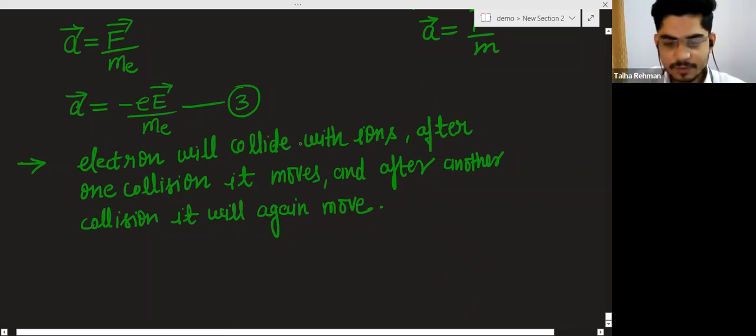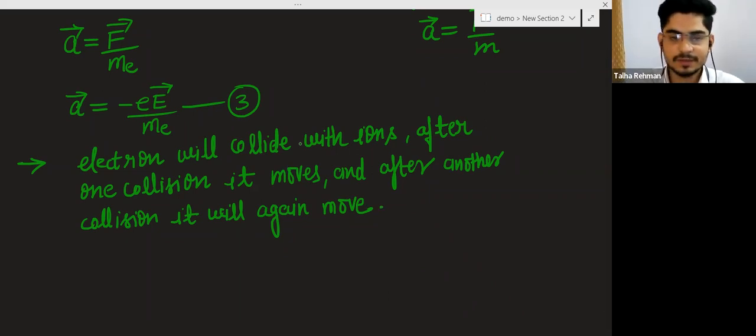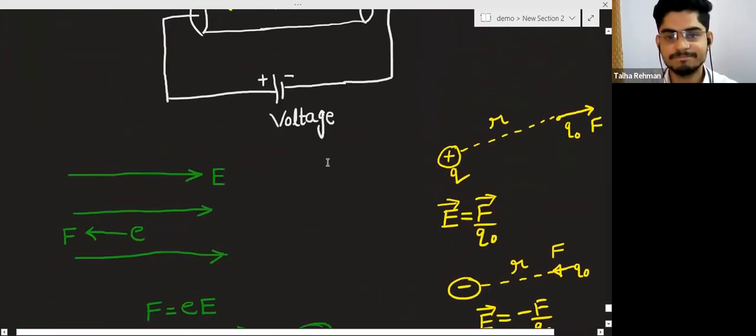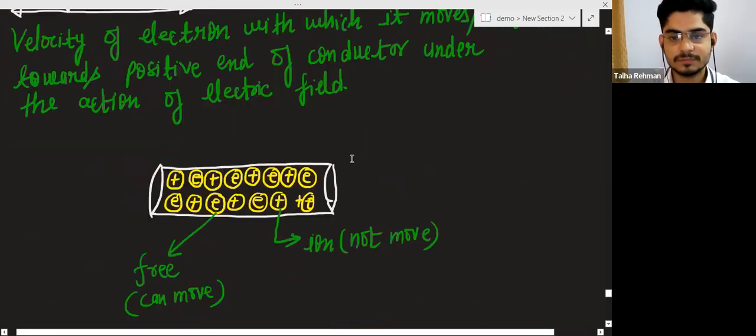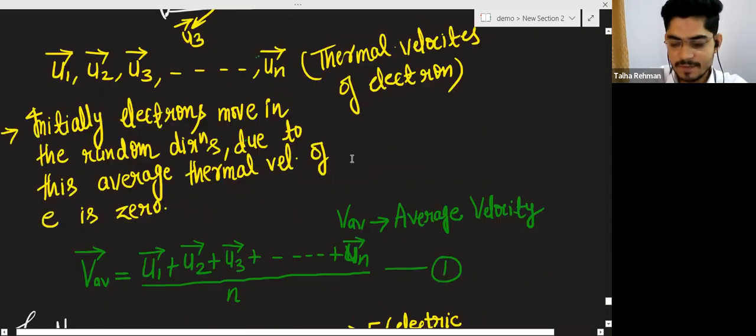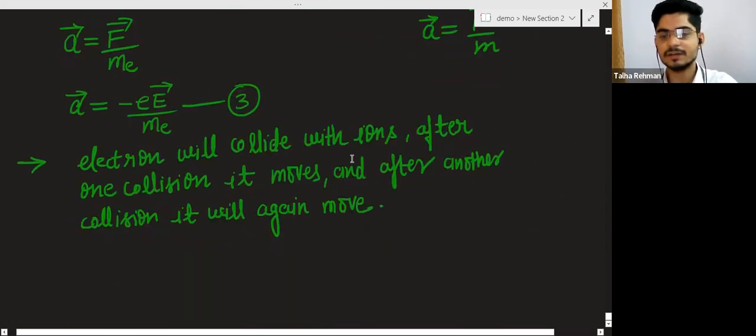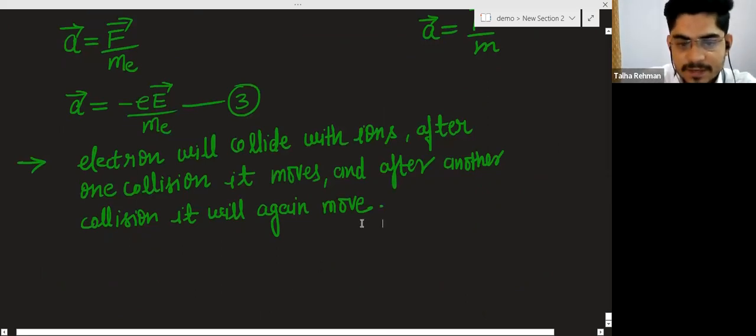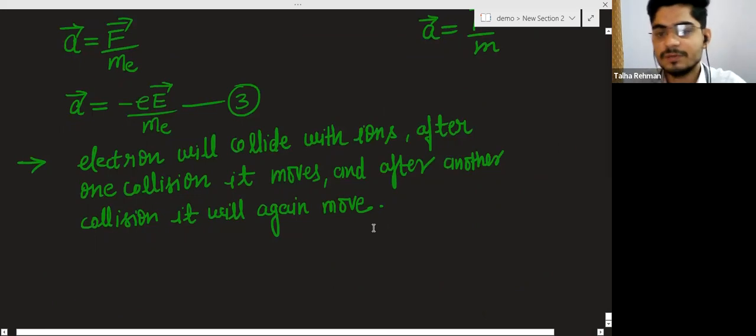So you can imagine now what is happening. All these things are happening inside the conductor. We cannot see. So here a term is time. The electron will take some time for collision and all that.